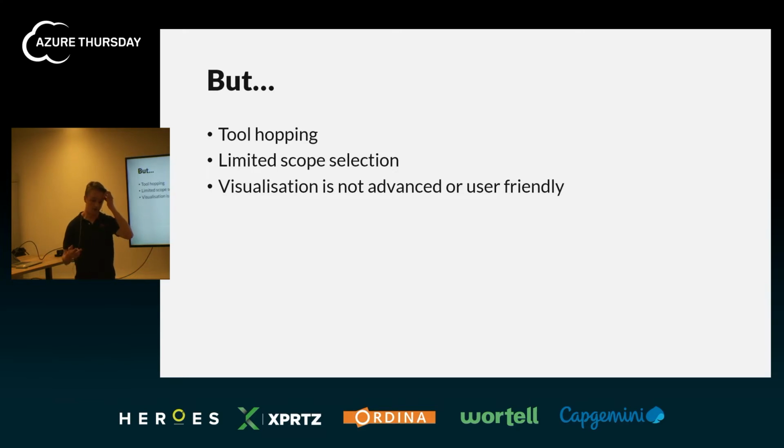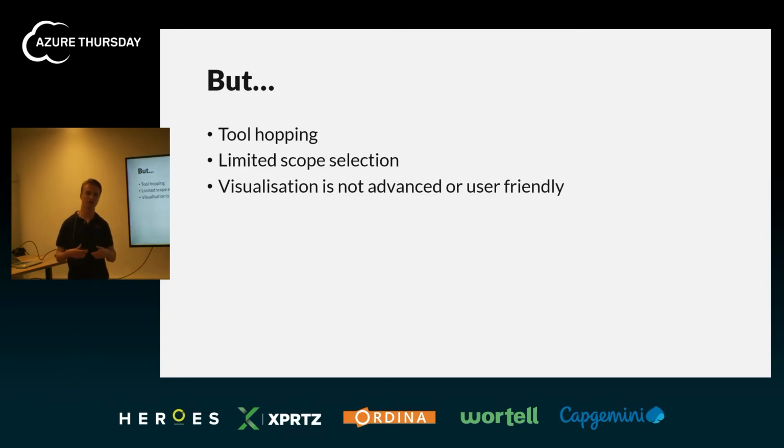for example, the database itself, look at DTU stuff over there, and I have a lot of tabs open at the same time. One thing I also encounter is there's a limited scope selection. You can only select one resource, and you can see some data about it.